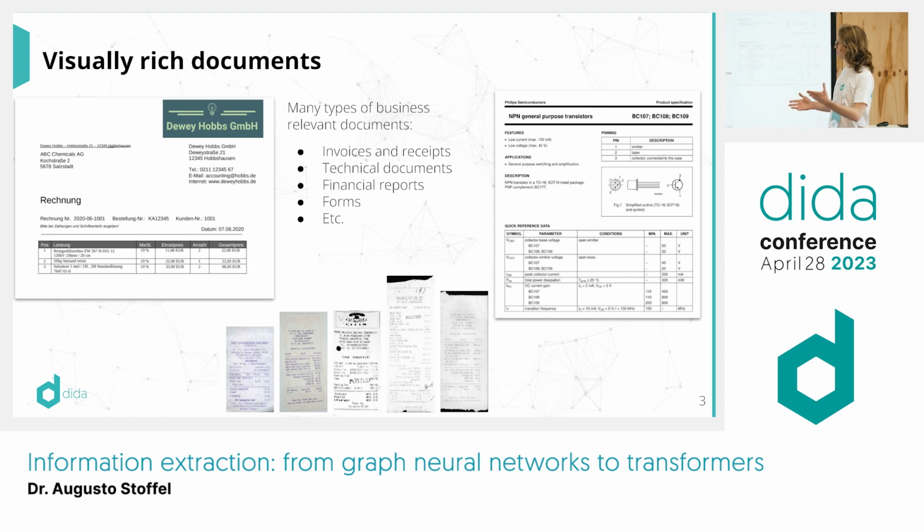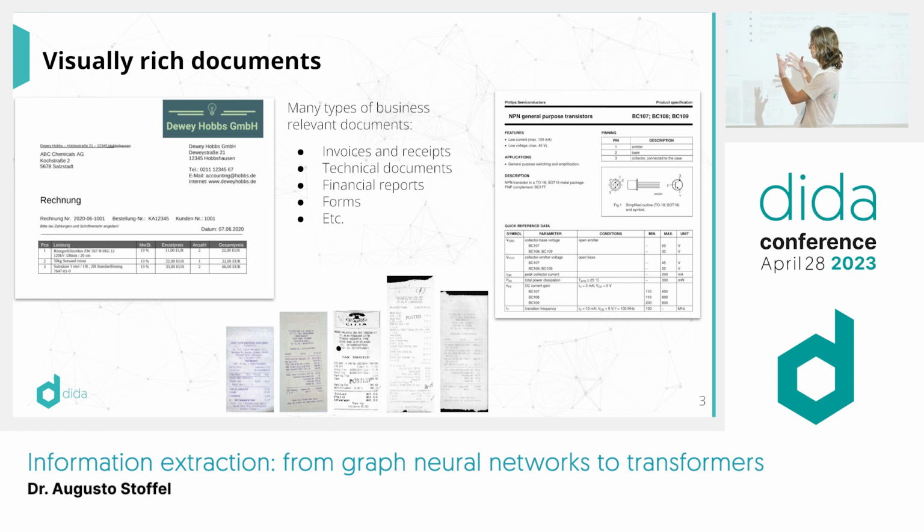The main characteristic here is that this is not just text that makes sense as a sequence of words. The visuals of the document and the organization of the text convey meaning as well.